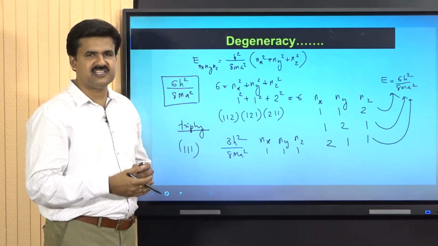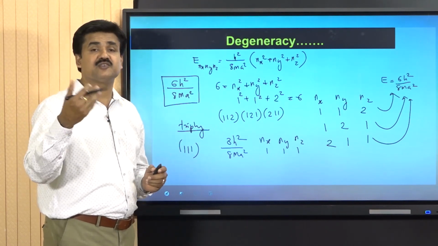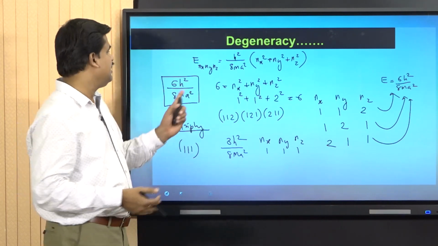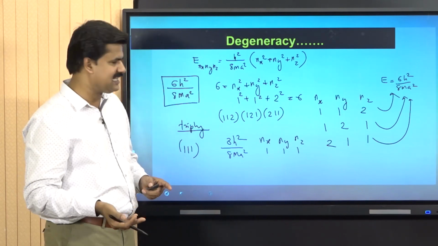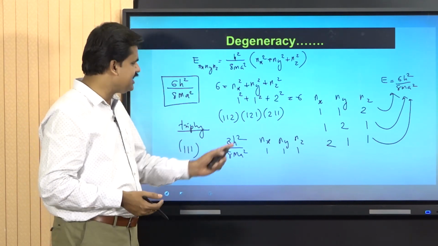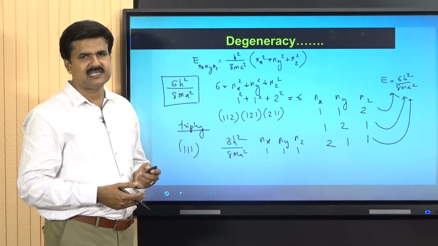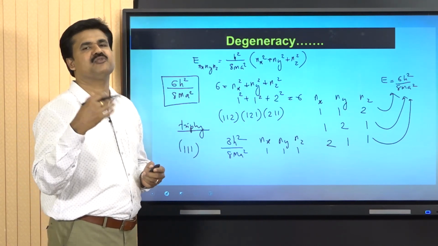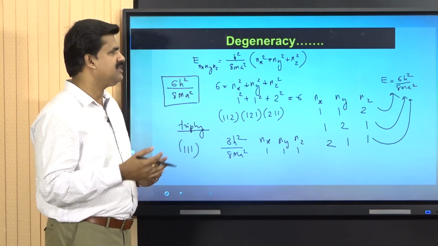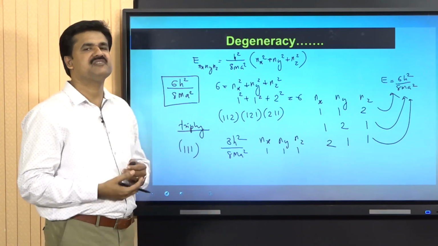I previously mentioned that not all the energy levels of a 3D box are degenerate, some levels are degenerate. We already proved that the energy level 6h square by 8ma square is degenerate, while the ground level 3h square divided by 8ma square is non-degenerate. We can check different energy levels for their degeneracy, and enjoy the concept of degeneracy with respect to different energy levels.